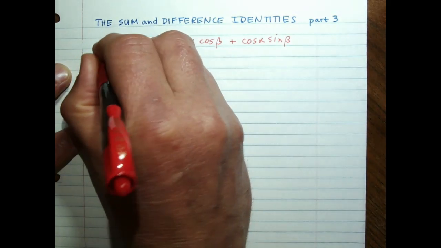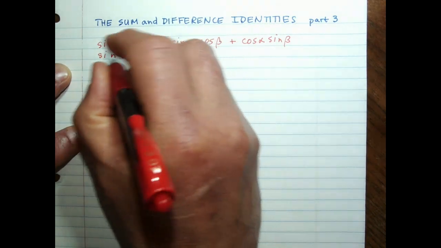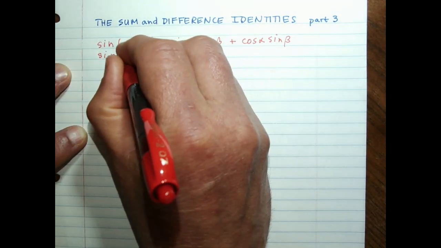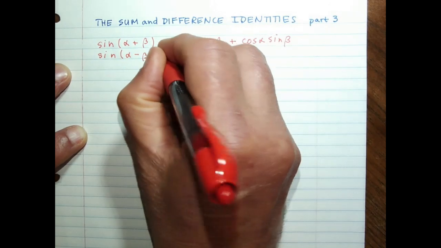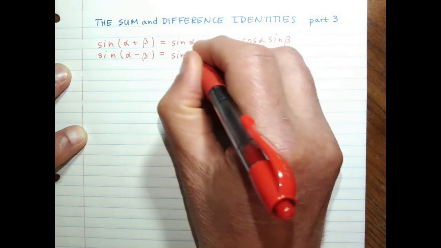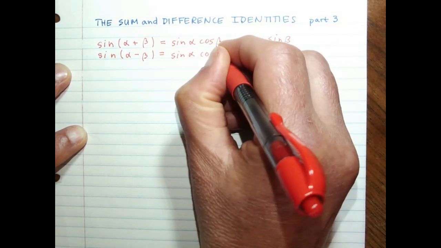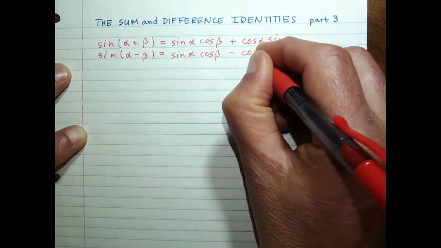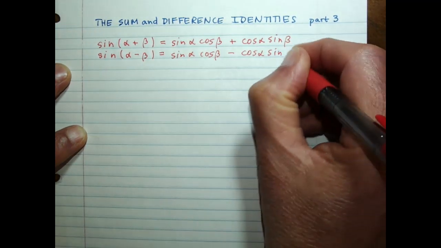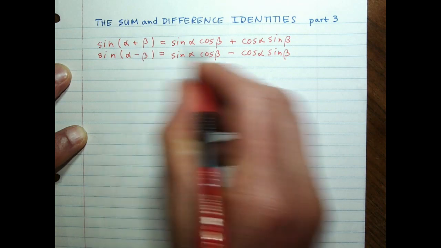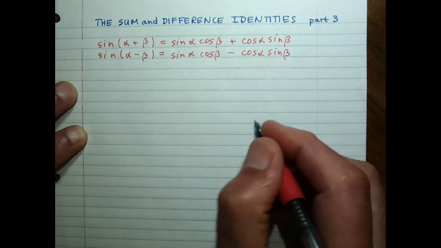But the remaining identities we derive fully from this first one. Sine of alpha minus beta is sine of alpha cosine beta minus cosine alpha sine of beta. It just has minus signs where the plus signs are in the first identity.